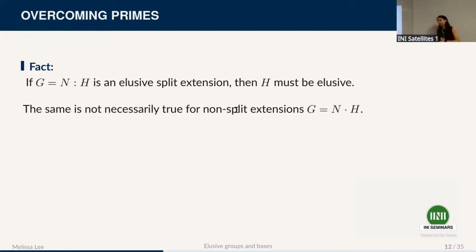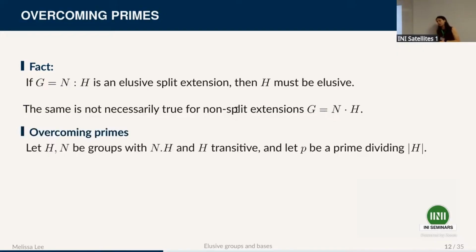Right. So in this paper, which I'll say more about in a moment, we talk about the notion of overcoming. Here's the idea. You have your H and N, these are the ingredients of your non-split extension. And you want this non-split extension, N.H, to be transitive, and also when you map to the quotient, you get a transitive action as well.